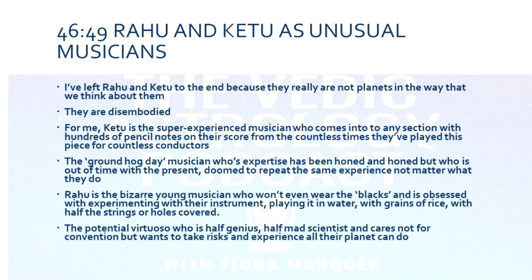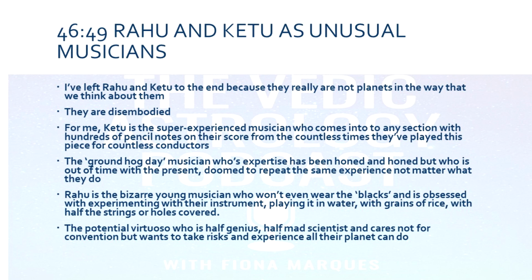And so for me, Ketu is perhaps the super experienced musician who comes into any section with hundreds of pencil notes on their score from all the countless times that they have played this piece of music for hundreds and hundreds of different conductors. They are stuck in Groundhog Day. They're a Groundhog Day musician whose expertise has been honed and honed and honed, but is out of time with the present. They're doomed to repeat the same experience no matter what they do.